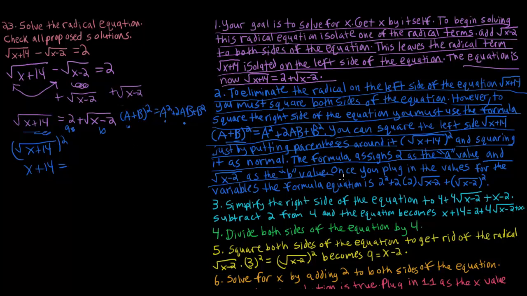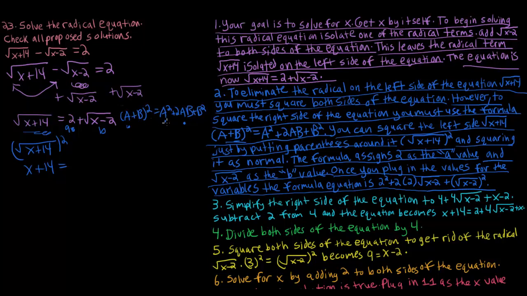So once you plug in the values for the variables, the formula equation is 2 squared plus 2 times 2 times the square root of x minus 2 plus the square root of x minus 2 squared. So let's plug that in.